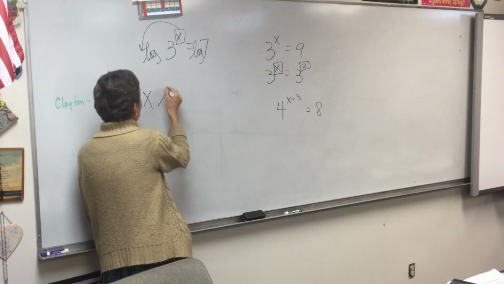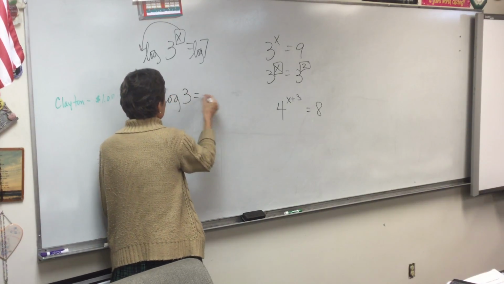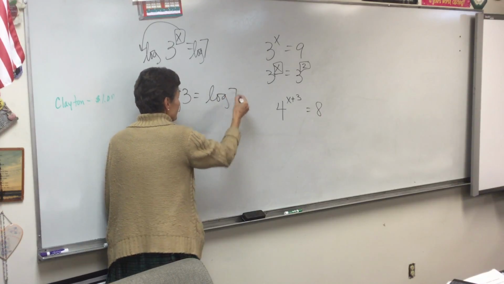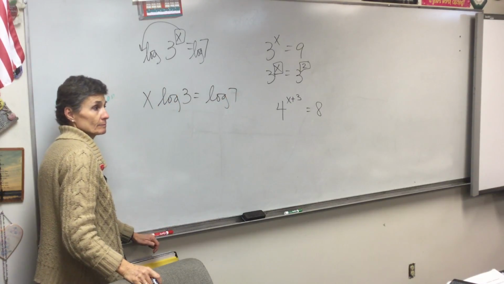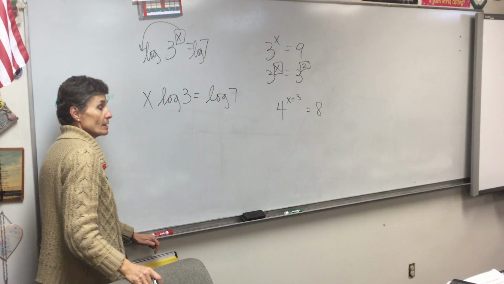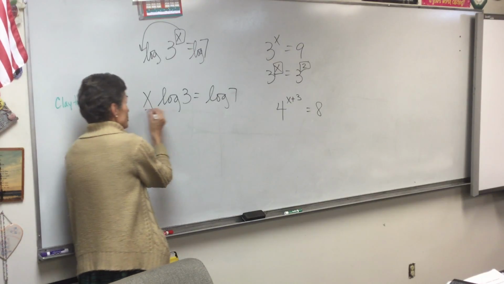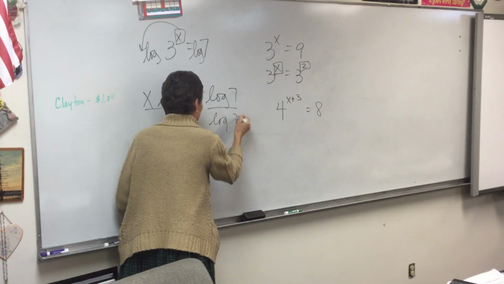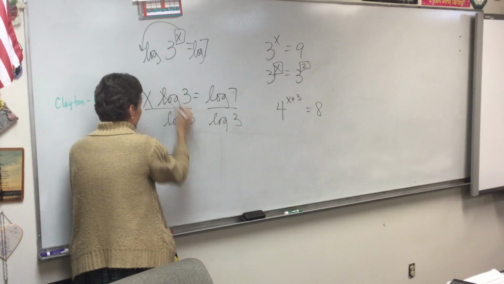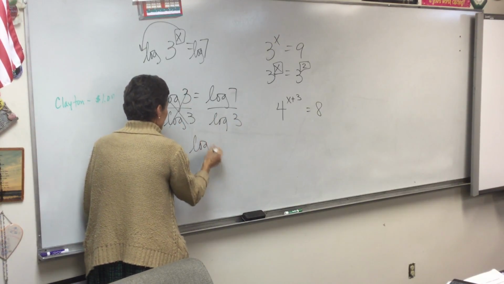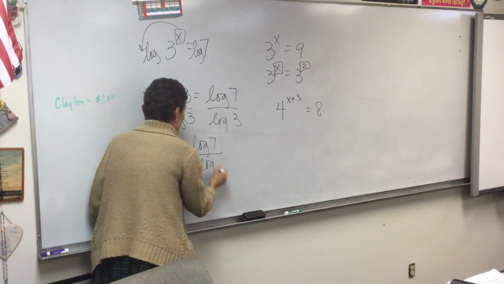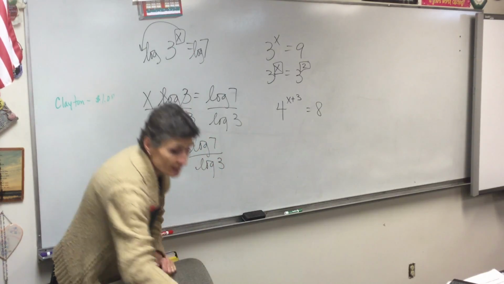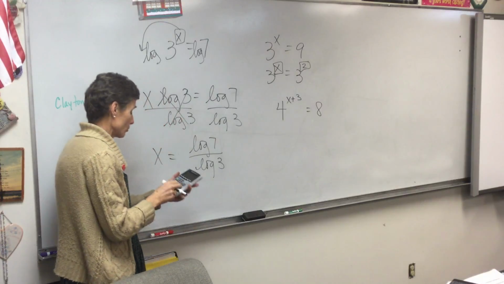So now we have x log 3 equals log 7. Now I'm trying to figure out what x is. So all I'm going to do now is divide both sides by the log of 3. And then I will go to my calculator and type in log 7 divided by log 3.